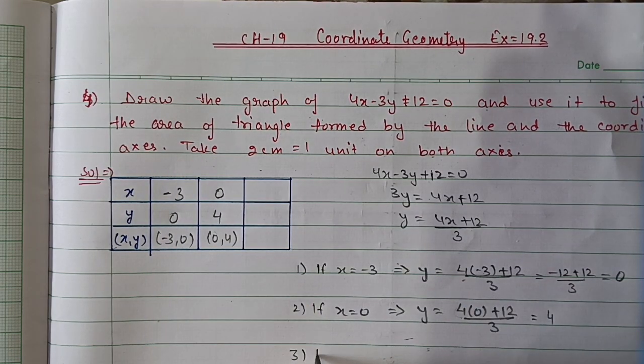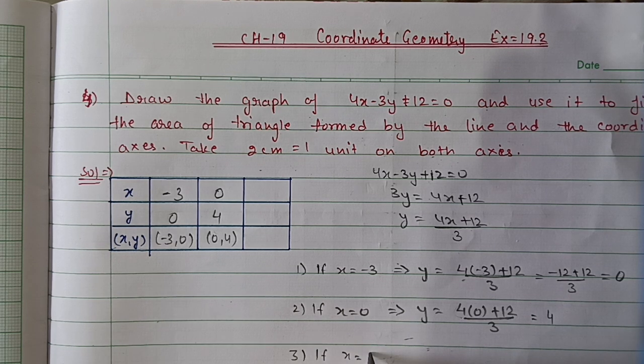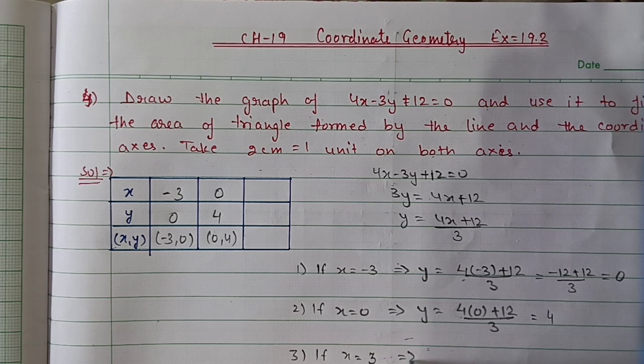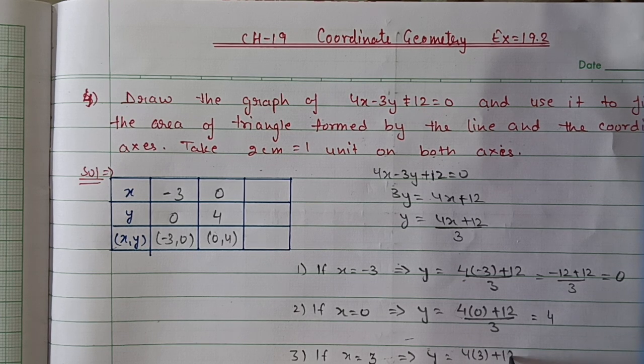Third point, if we take x equal to 3, then y will be (4 into 3 plus 12) by 3, that is 12 plus 12 by 3, 24 by 3, which means 8.